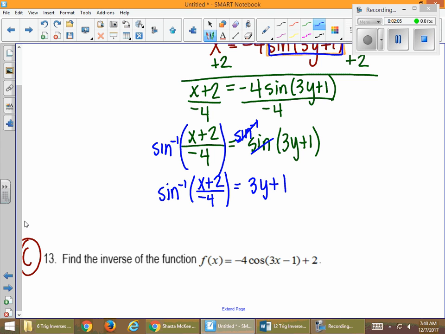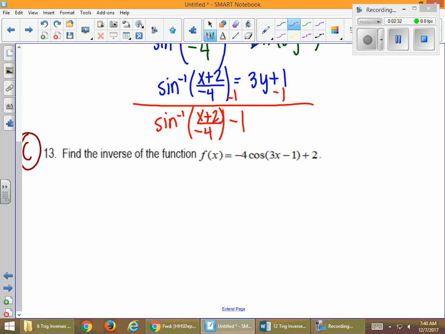Because we need to subtract the 1 over and then divide by 3, but when you divide by 3, you have to divide everything, including that 1 that you bring over, which is something that was missed by a lot of people. So the -1 goes on the outside of that sine inverse situation.